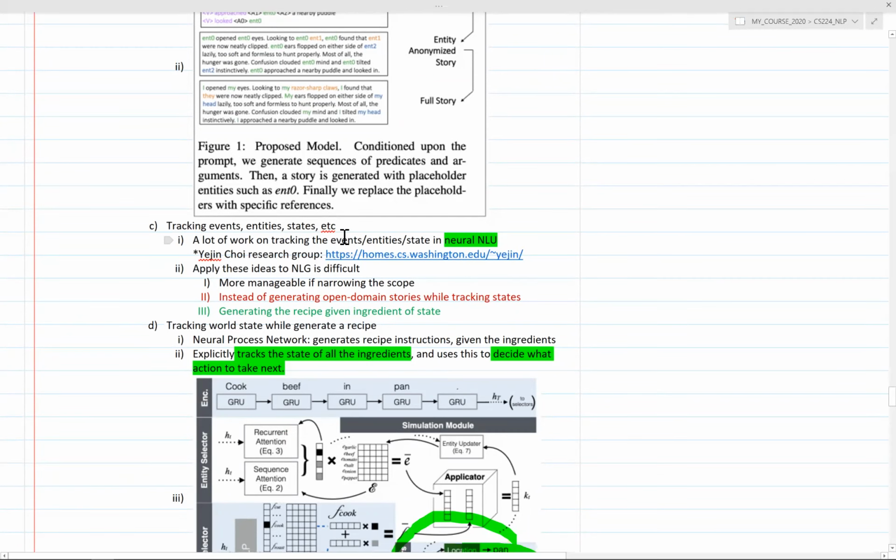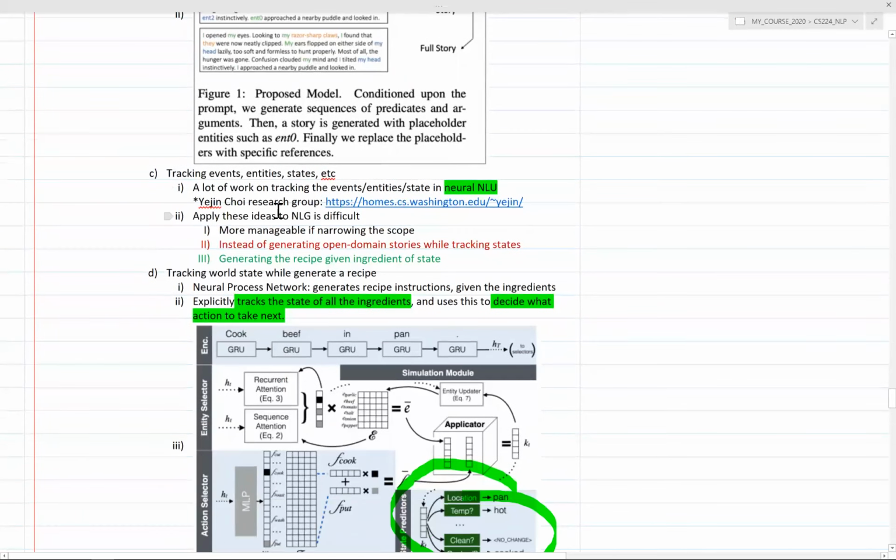And this is pretty difficult because instead of generating the open domain stories, we also need to track all the states. Basically, it's a relationship between all the characters and events in the entire story.